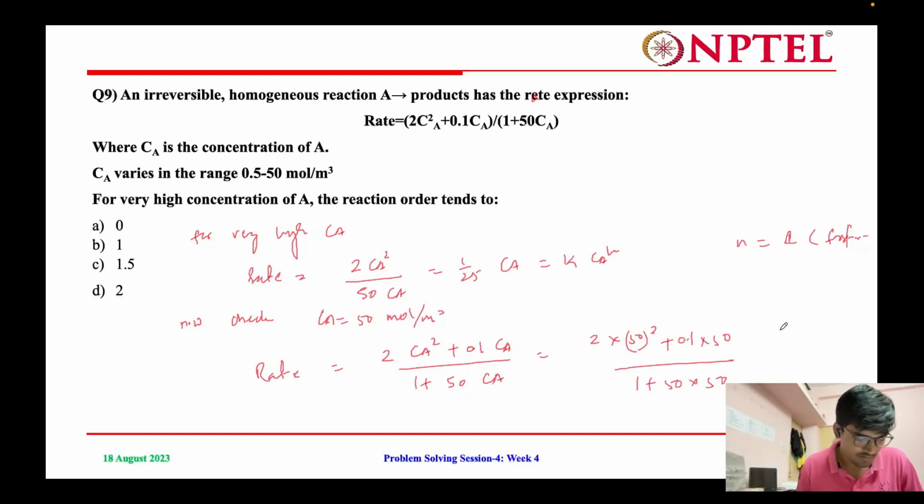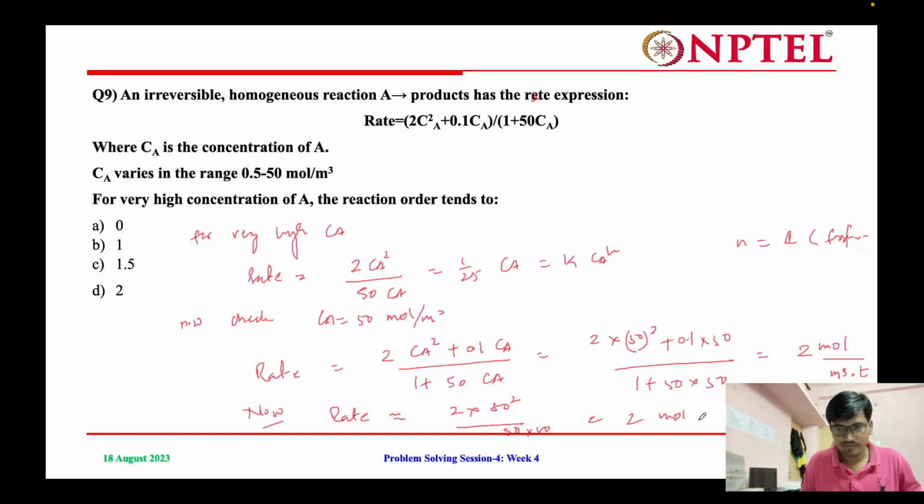Now check this value for the simplified equation: 2 into C A square divided by 50 into C A, right, it's 2 mole per meter cube per time. Here the rate is almost the same, so it's first order.